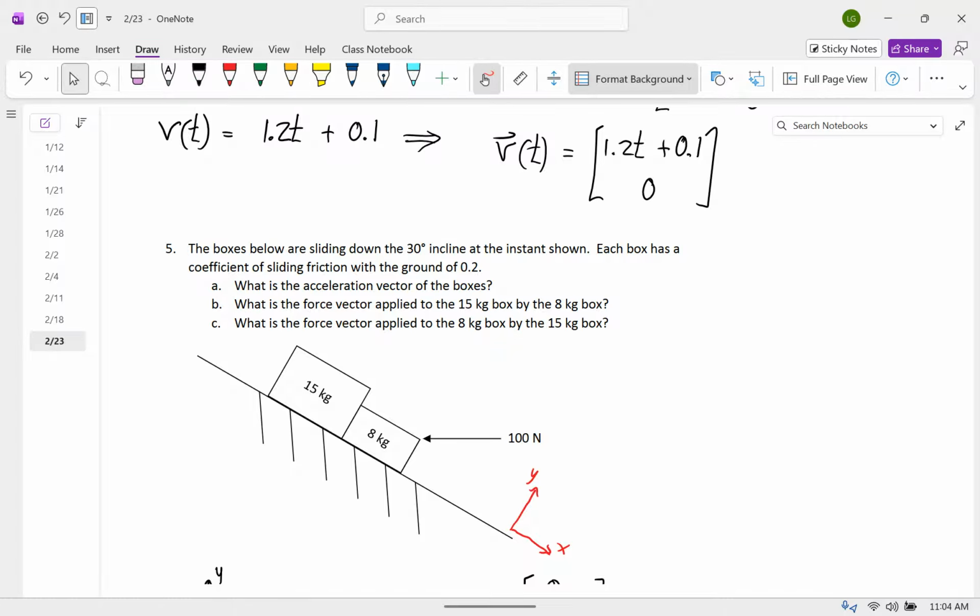We didn't know whether it was the positive x or the negative x, but that sign will work out on its own as long as we restrict it to the line that it can move along. Basically, that's a constraint that says we're assuming it's only going to move along that line. If that was quicksand or something, then we couldn't make that assumption. It would be able to sink in, or if it were bouncing, we couldn't make that assumption.